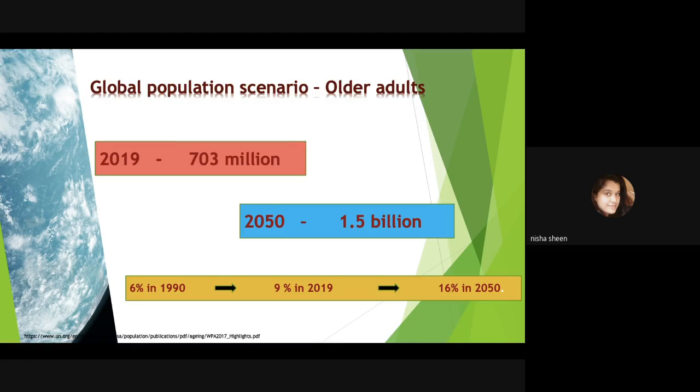Globally, the share of population aged 65 years or over increased from 6% in 1990 to 9% in 2019 to 16% in 2050, so that 1 in 6 people in the world will be 65 years of age or over.